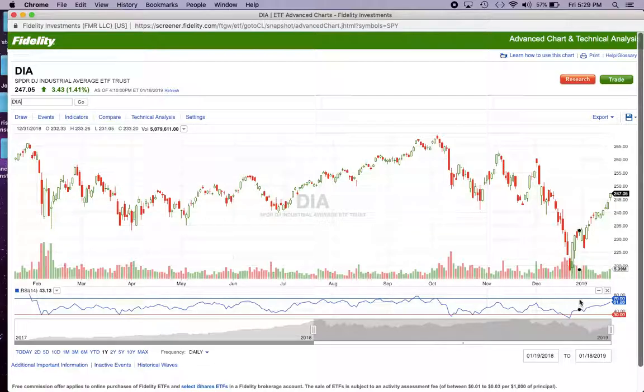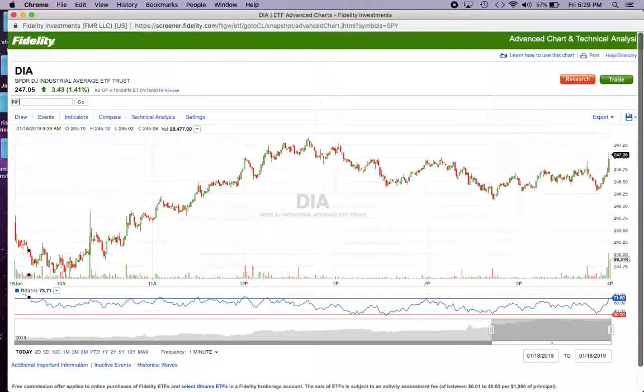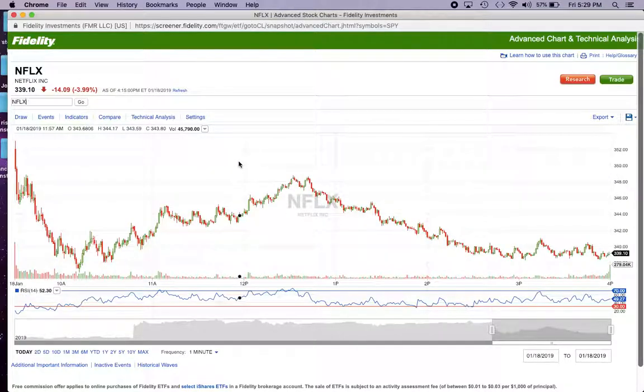You're looking for if it gets above 70, it's overbought, high chance that it's going to cool down, and below 30, it's oversold. Now, you will see little bounces, but don't be fooled. I assume this did this today. Netflix.